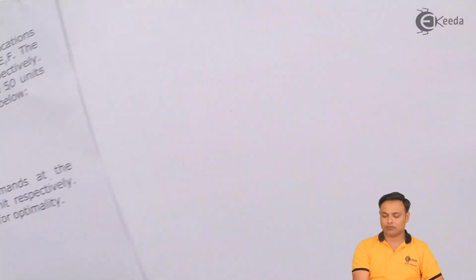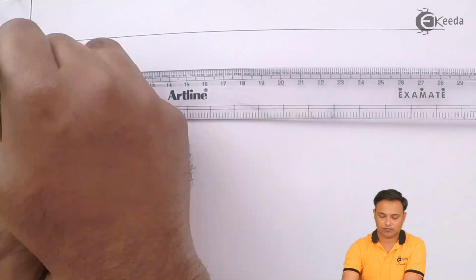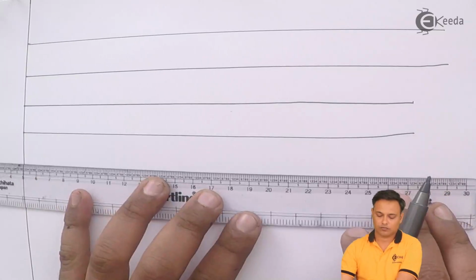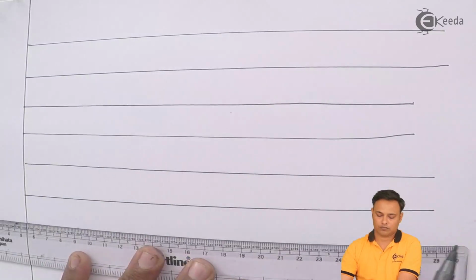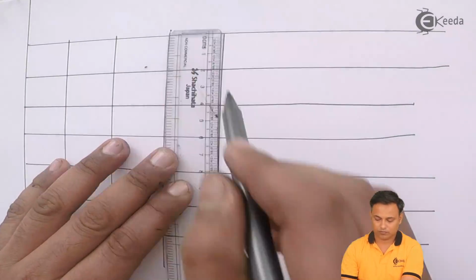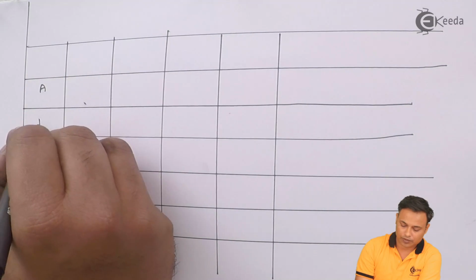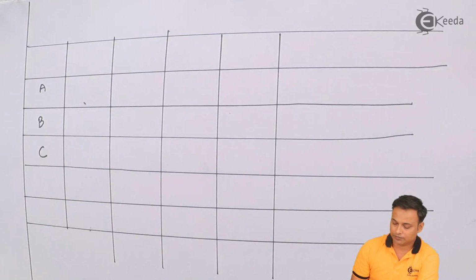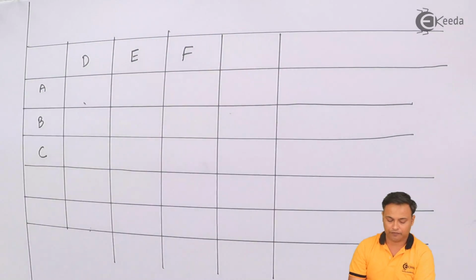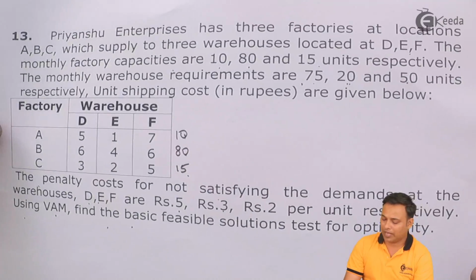Let's draw the diagram now. So here we have A, B and C. Here we have D, E and F. And our demand is more than the supply.